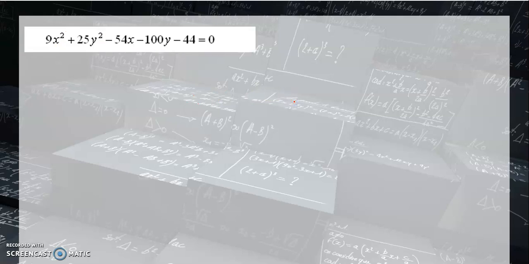Next example. In here, we have 9x squared and 25y squared. So a is equal to 9, b is 0, c is 25. As you can see, A is not equal to C, but they are both positive. So in here, we have an ellipse.